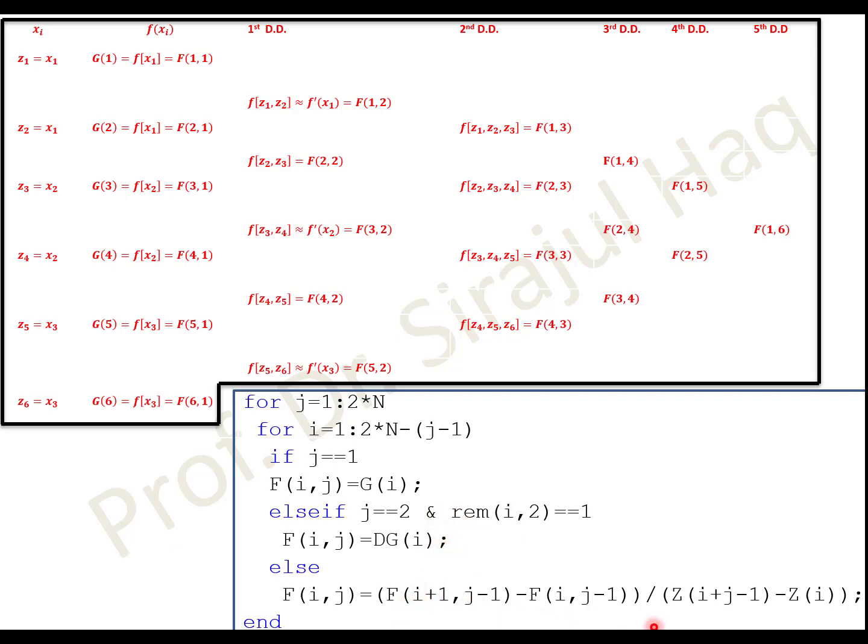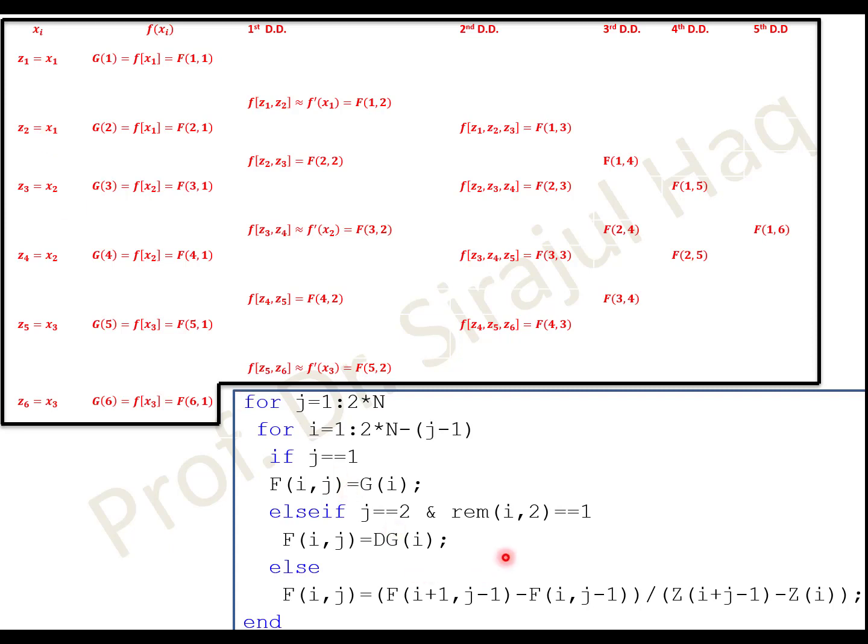Will come to this one, and it will compute for you f of 2,1 is equal to f of 3,1 minus f of 2,1, not 0, they are different from 0, divided by z3 minus z2, which is x2 minus x1. We don't have the problem.